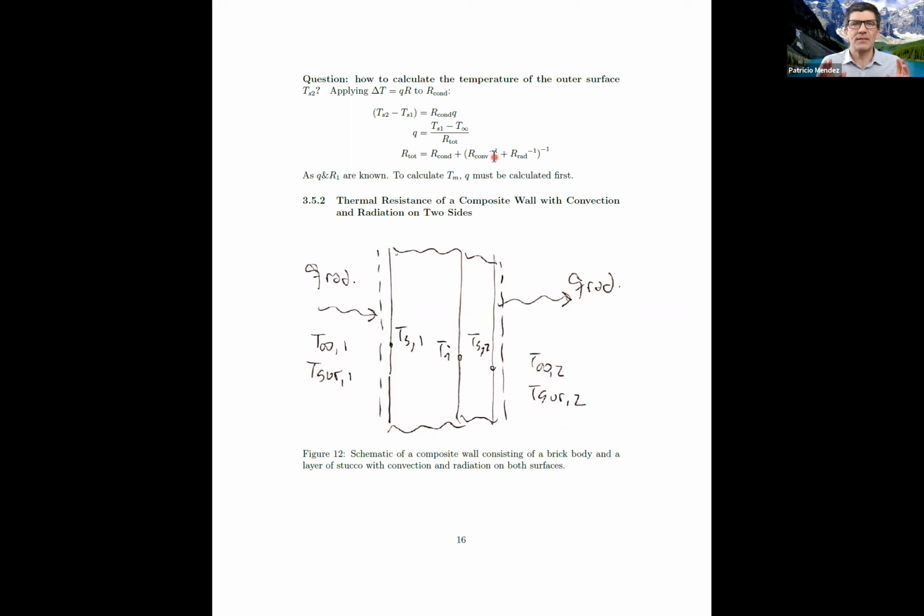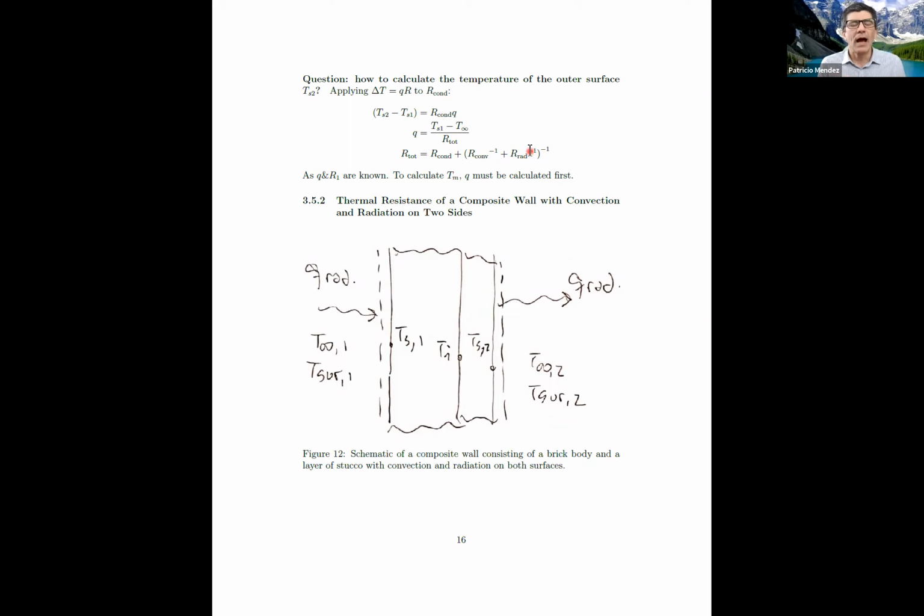So the same way the total resistance in series was R total equals R1 plus R2, in a parallel circuit we would have R total to the minus 1, the reciprocal, equals R1 to the minus 1 plus R2 to the minus 1, the sum of the reciprocals. This is what we see here. This is the equivalent resistance of the parallel system.